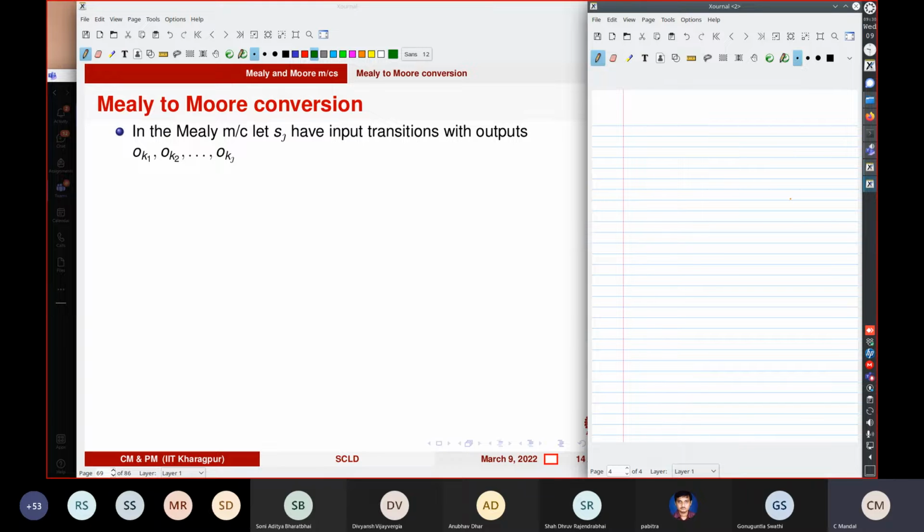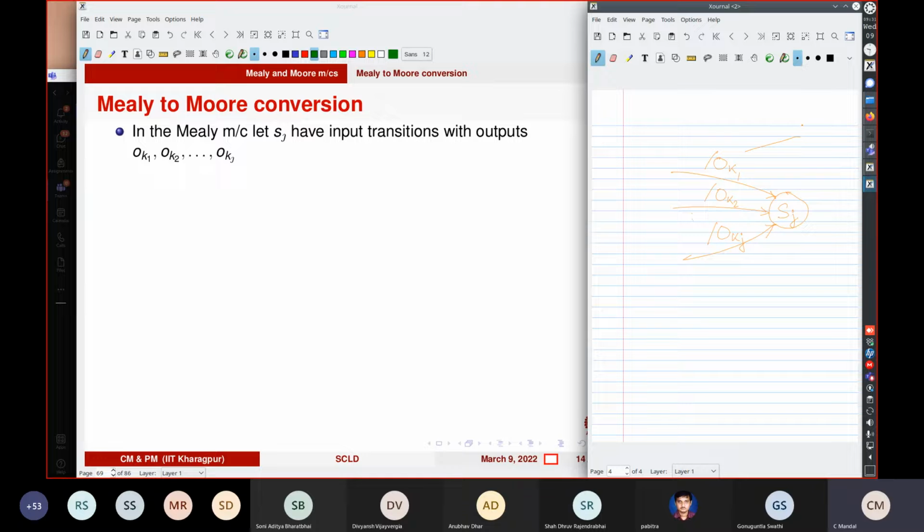You can have a number of input transitions, and the outputs are OK1, OK2, and so on, up to OKJ.